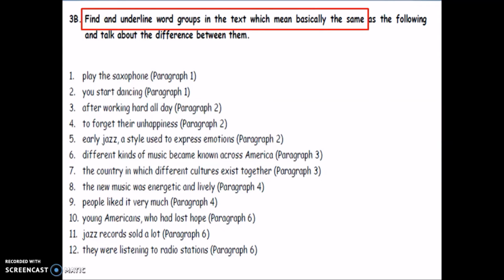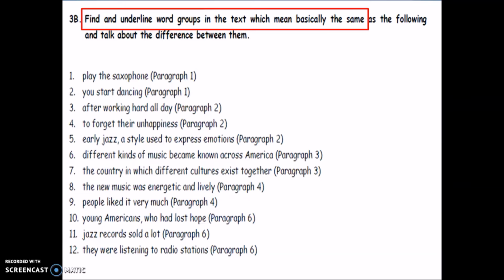For this activity, we know that we are going to find and underline the word groups in the text. Basically, we are going to need to see the word groups that have the same meaning. Let me explain to you why we are asking you to do this. As you know, paraphrasing is really important in our METU NCC's English proficiency exam.